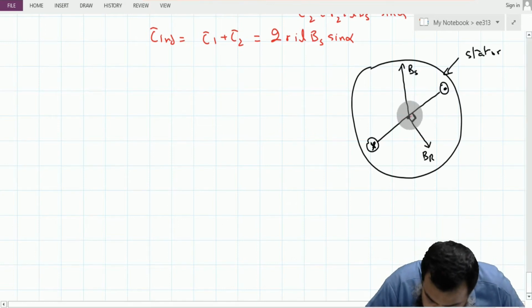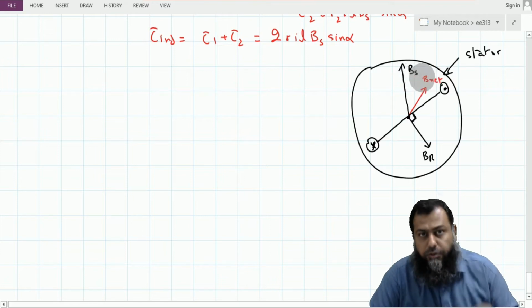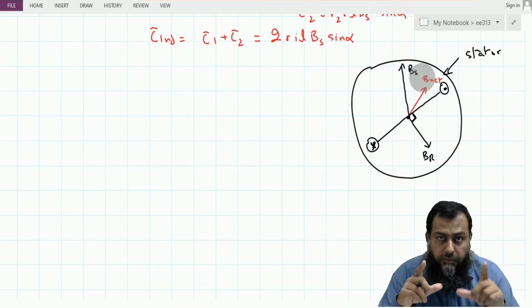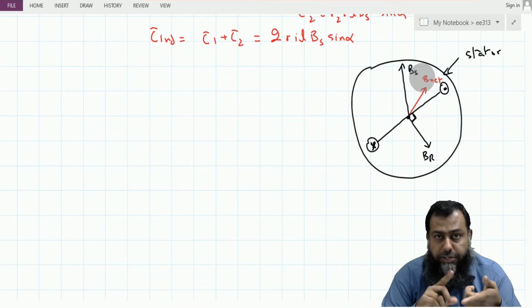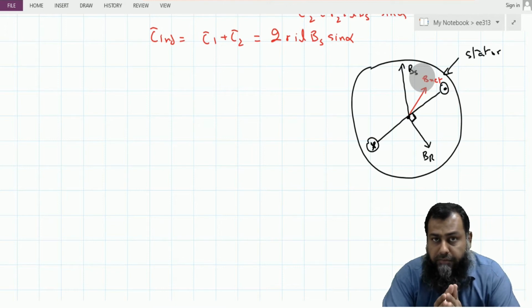So this is somewhere here. Let us say this is B net, where this B net is the sum of both the magnetic fields which are present in the given machine. So remember that we have two magnetic fields in a given machine. The first one is the stator magnetic field, which is generated because of the application of the voltage on the stator circuit, and because the stator circuit is 120 degrees mechanically apart, a rotating magnetic field will be developed inside the machine, which is shown as BS.